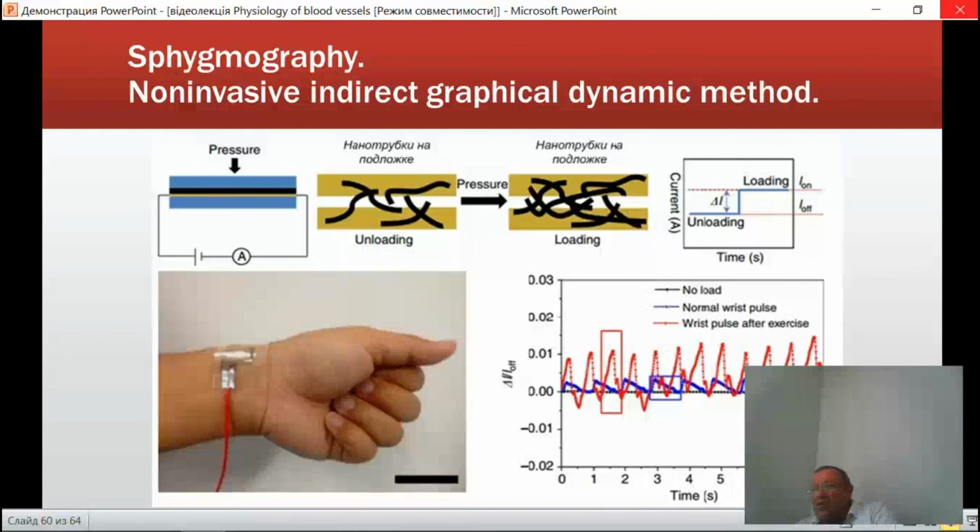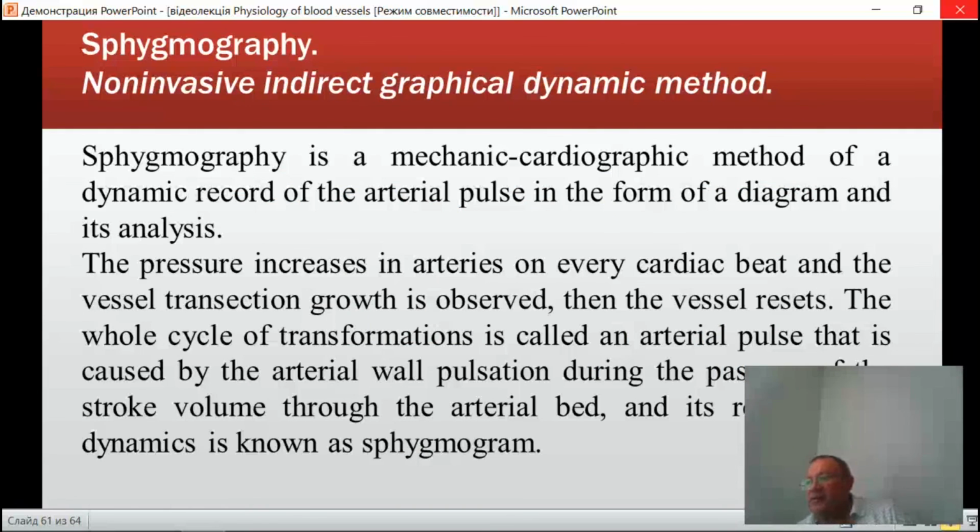Next, information about sphygmography, a non-invasive, indirect graphical dynamic method. Sphygmography is a mechanical cardiographic method of dynamic recording of the arterial pulse in the form of a diagram and its analysis.